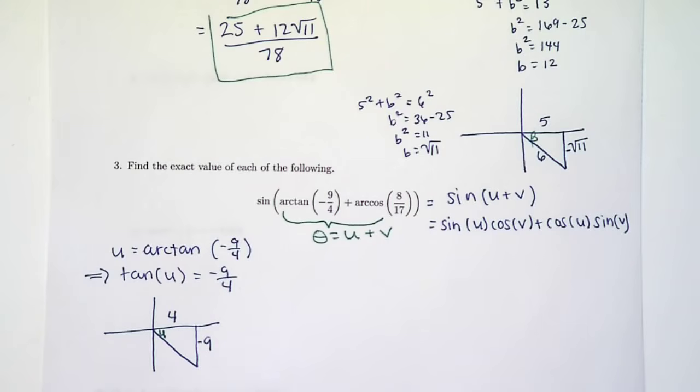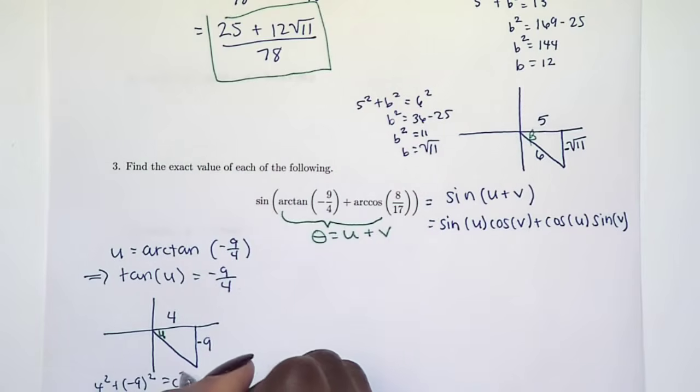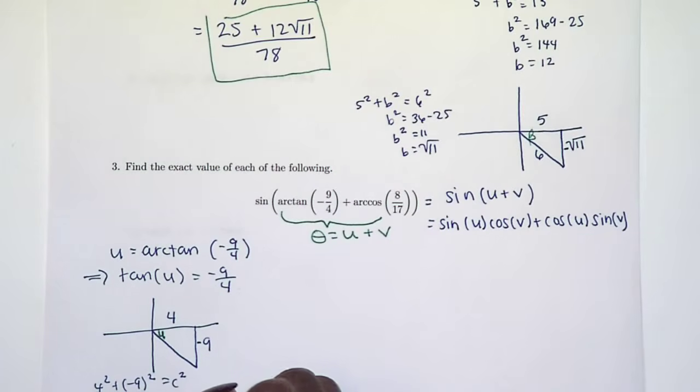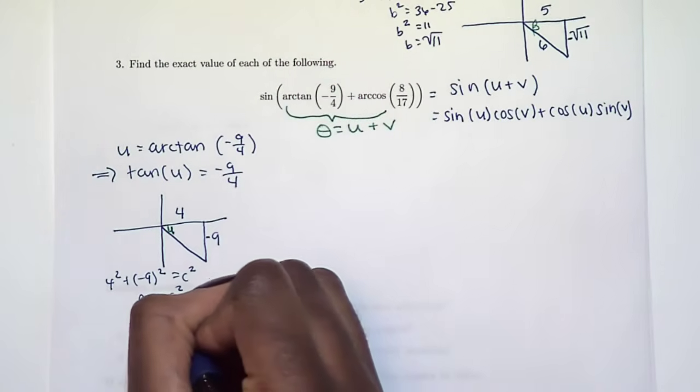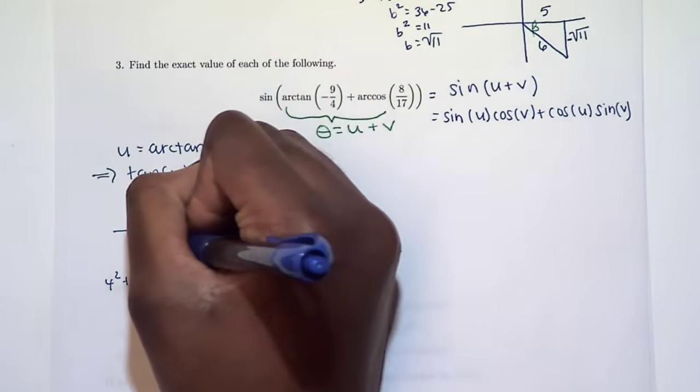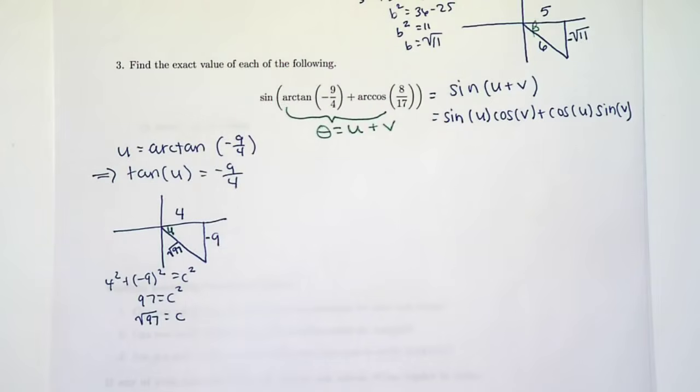Then we just need to find the third side. 4 squared plus negative 9 squared equals c squared, so c is square root of 97. That's the first part. We figured out information about U. We got our triangle. Almost done. Now let's move on to V.